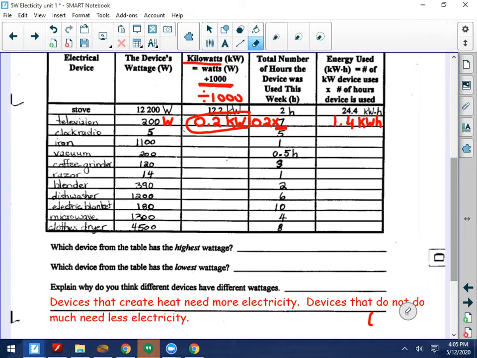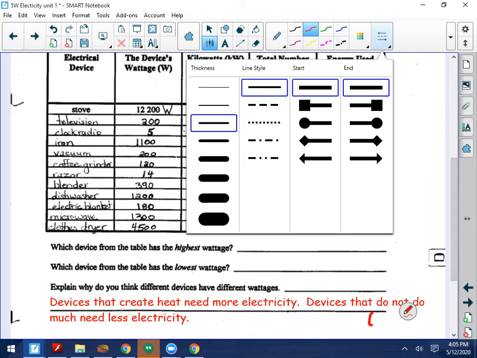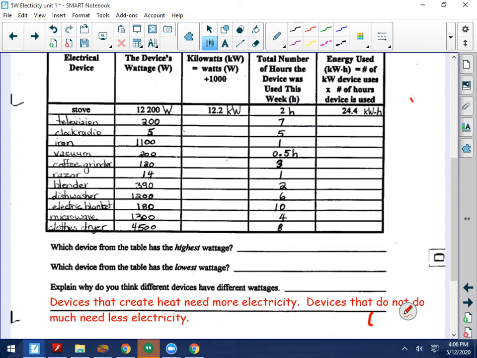Let me clean this up. Let's look at another device. I'll change my pen so it's a wee bitty narrower. All right. So if I've got a clock radio that's only 5 watts, I have to divide it by 1,000 to tell me how many kilowatts it is.